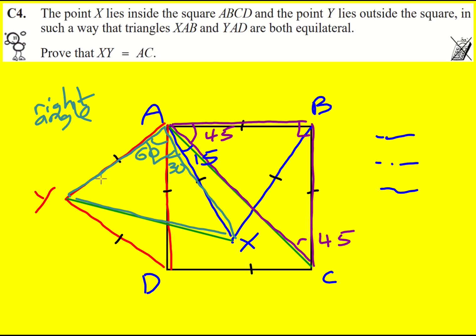And because I have a right angle and it's isosceles, then this angle must be 45 and this angle must be 45.